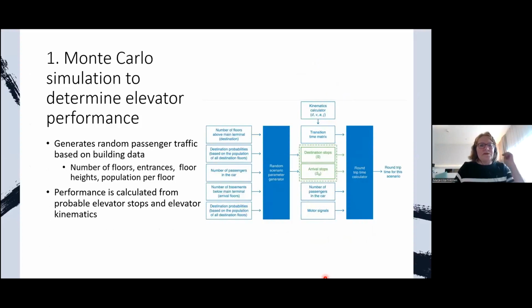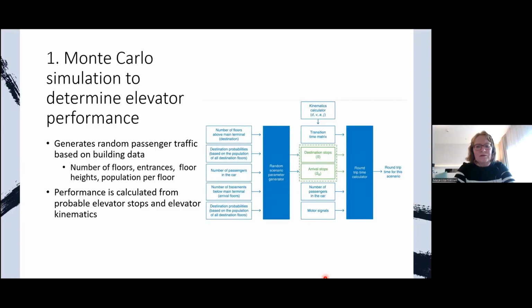Monte Carlo simulation is a way to calculate and simulate random traffic. So in this case, when we define a parameter like round trip time, the time when the elevator goes up and down, how long it lasts, we generate a random passenger traffic in Monte Carlo simulation to determine the number of probable stops for the elevators.